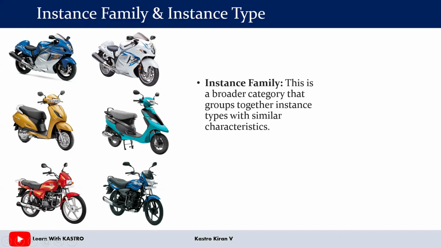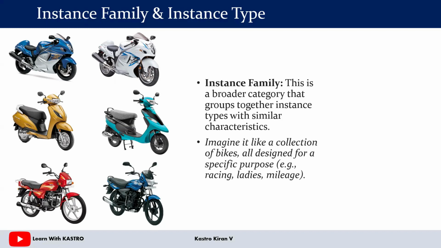And the next two bikes belong to some other family. The next two bikes belong to yet another family. That's called an instance family. So this is a broader category that groups together instance types with similar characteristics. That is important: similar characteristics. To keep it scenario-based, imagine it like a collection of bikes all designed for a specific purpose.